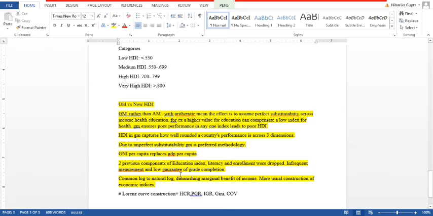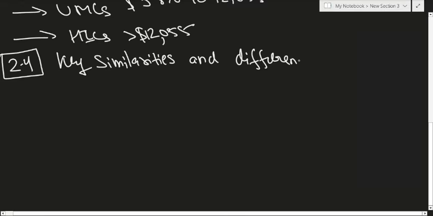We also use common log instead of natural log in the new methodology, which is the more usual nomenclature in empirical research studies. So this was all about our HDI topic. For these differences between old and new, you should see Box 2.1 of the readings.